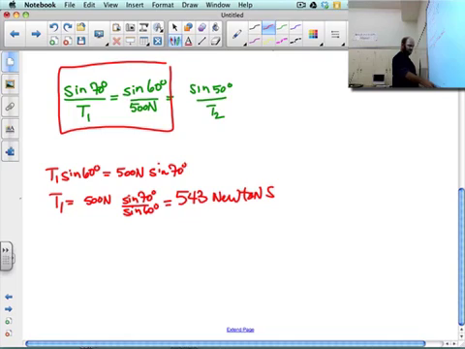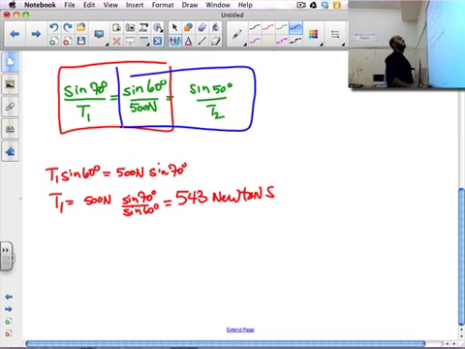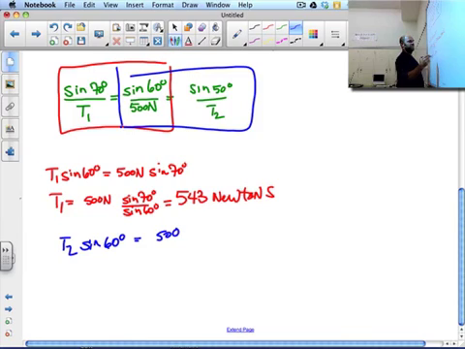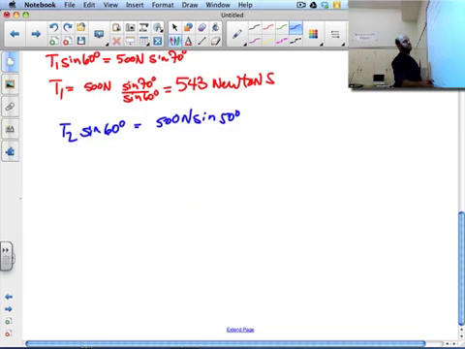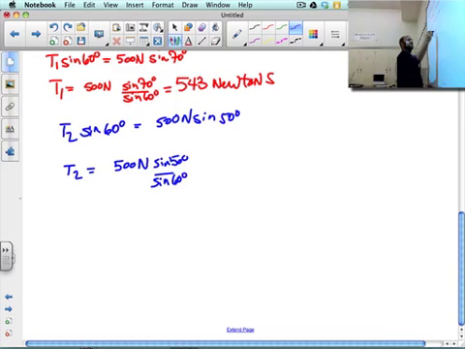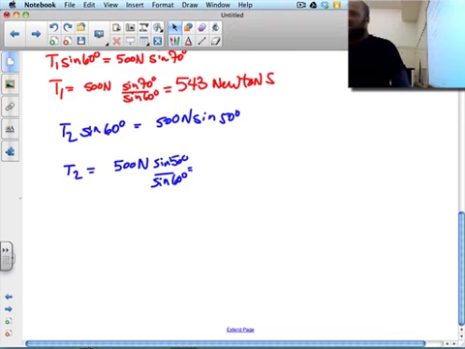And we can do the same thing in order to find T2. I'll just use this half. T2 sine 60 degrees has to equal 500 newtons times sine 50 degrees. And this means that T2 is equal to 500 newtons sine 50 degrees over sine 60 degrees. We use a calculator to figure that out.